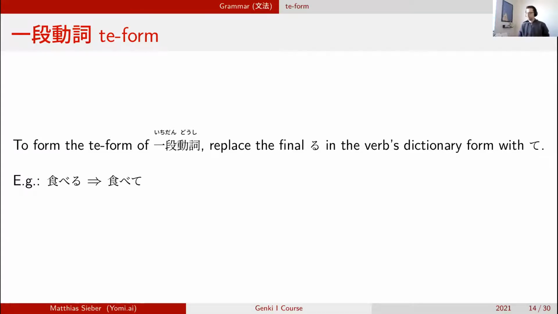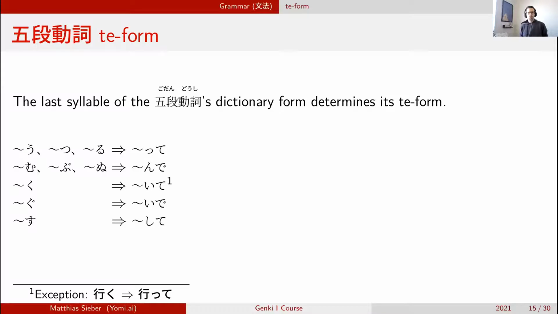But yeah. So for godan doshi, it's a little bit more complicated, unfortunately, but not too complicated. However, there are some things you have to just memorize. And by the way, the rules are on the chart on page 150, under grammar point 1. You find these under verbs with final syllable. So for example, kau, to buy, has a u.